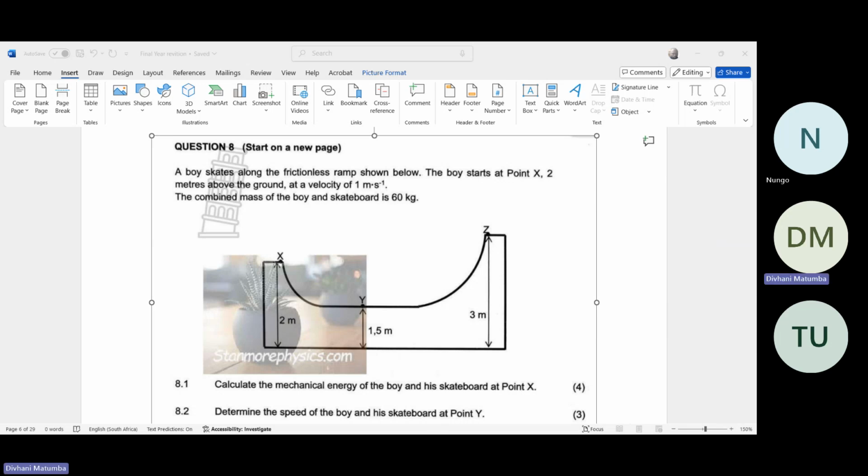We are doing the first question. We have a new member that has joined with an unknown name. What is your name, if I may ask?